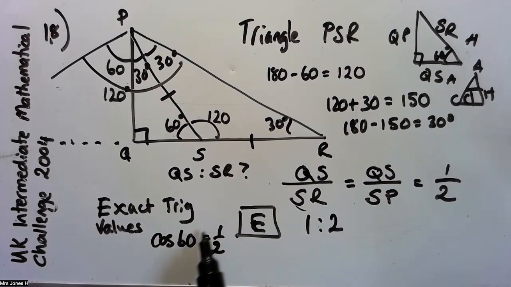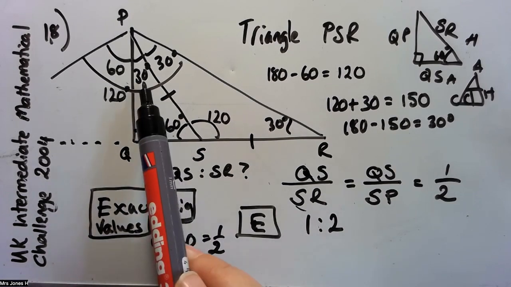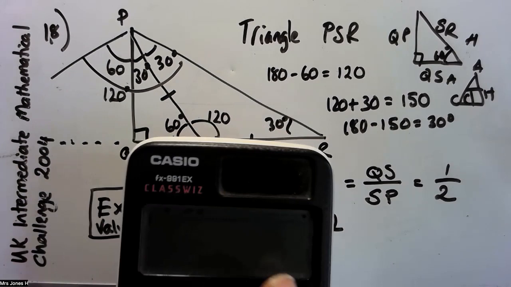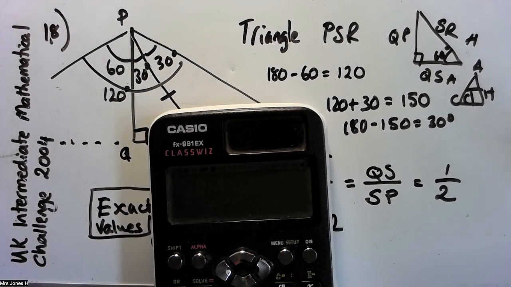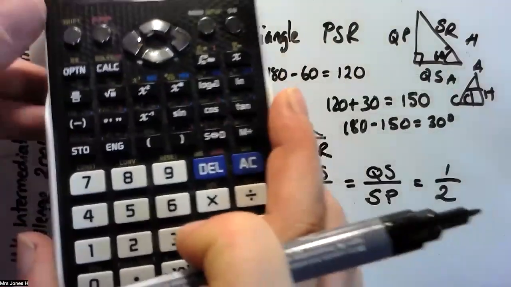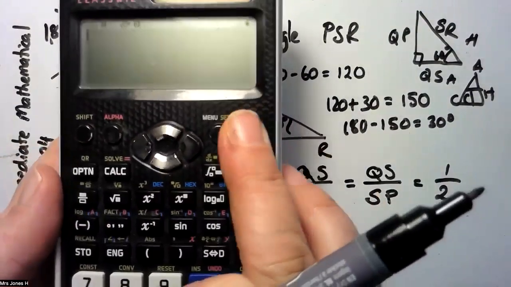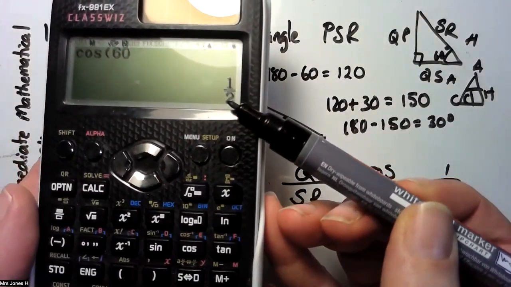If you want to know more about this, Google exact trig values. When you've got 60 degrees, 30 degrees, or even 45 degrees, the answer, if you put it into your calculator, you can actually put in cos 60 degrees, as long as it's on degrees. There we go. So cos 60 degrees gives you a half.